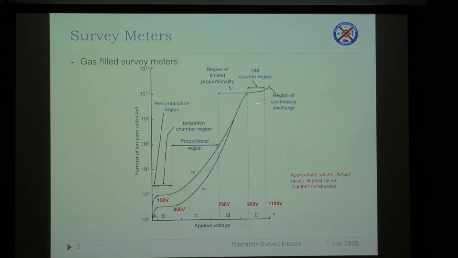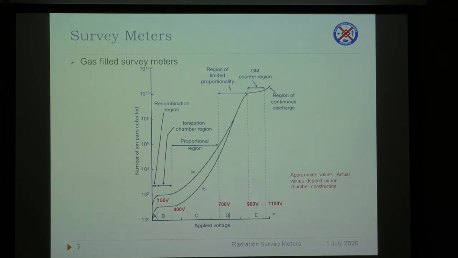Then you have your Geiger-Müller region. In this region, it's a very high amplification factor, and for each pulse you measure, the signal is independent of the type of radiation. So any radiation that hits the tube will give the same signal regardless of what it is. Then as you go to higher voltage, you get what's called the region of continuous discharge.